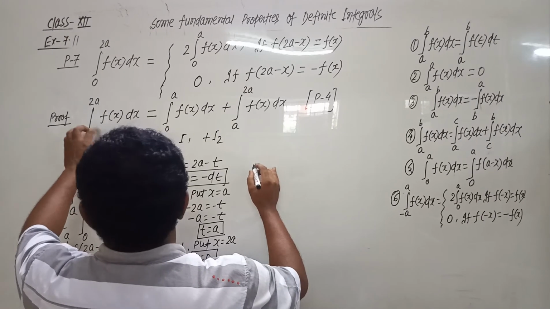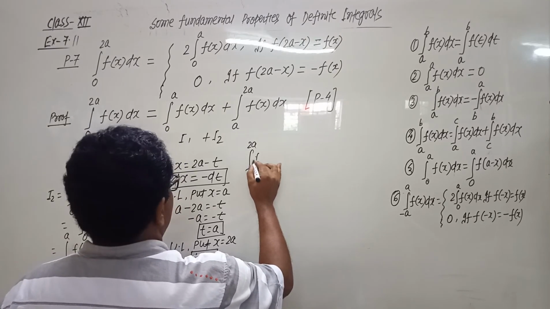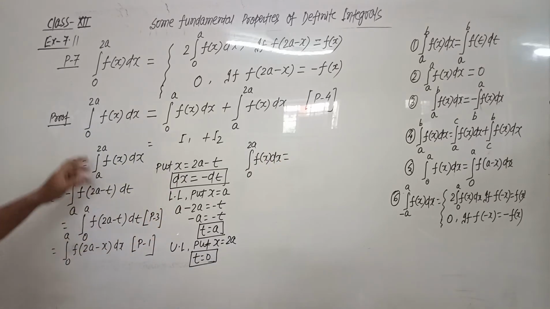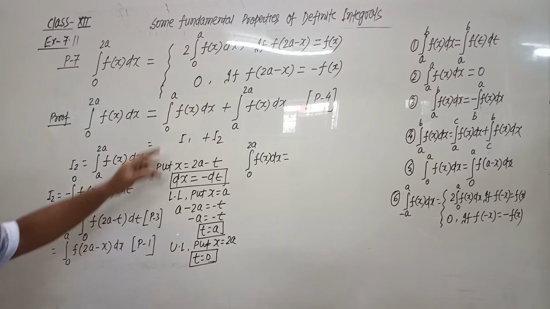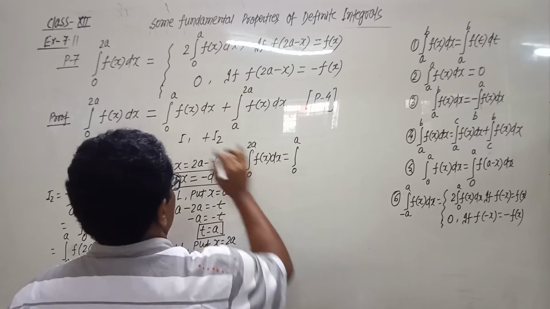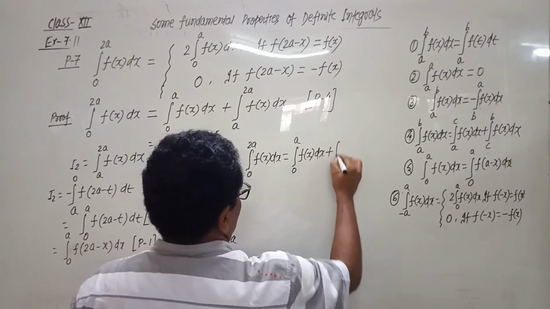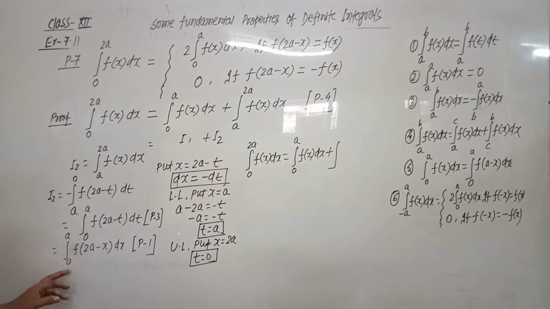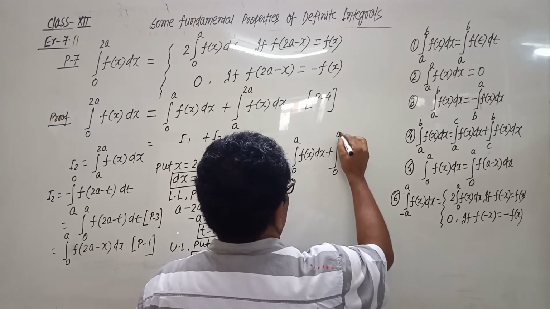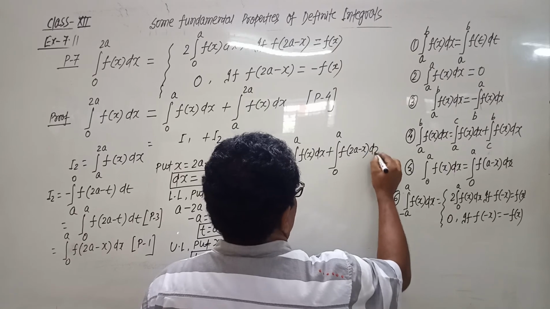So this integral 0 to 2a f of x dx is written as integration 0 to a f of x dx, the value of I1, plus integral 0 to a f of 2a minus x dx.